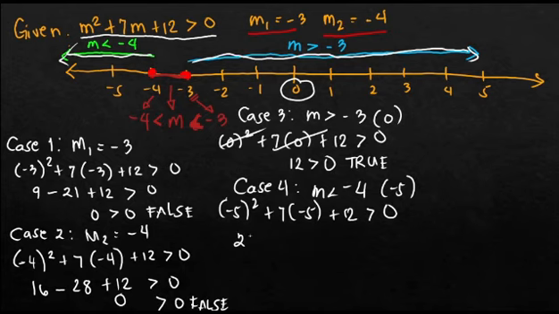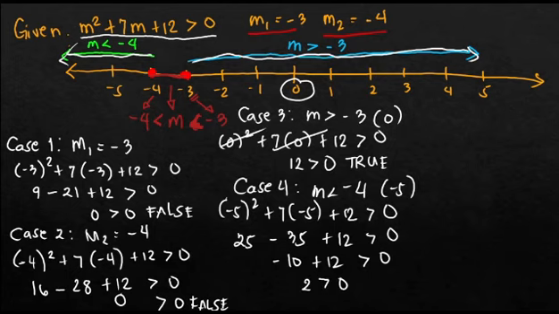Negative 5 squared is positive 25 minus 35 plus 12 greater than 0. Next, we have 25 minus 35, which is negative 10 plus 12 greater than 0. Negative 10 plus 12 is positive 2 greater than 0. Is it true or a false statement? Okay, so this is another true statement since 2 is greater than 0. And finally, we get case number 5, yung nasa gitna.